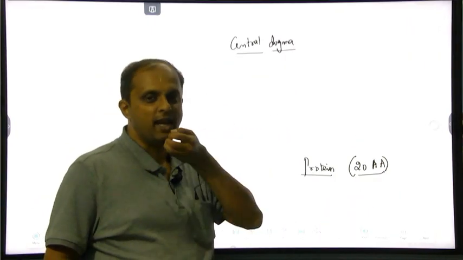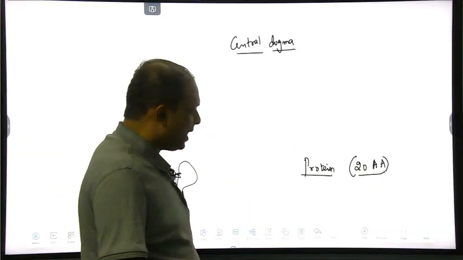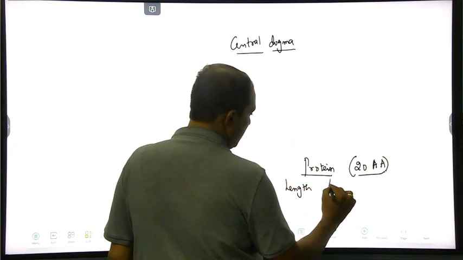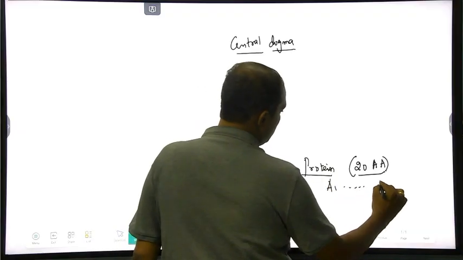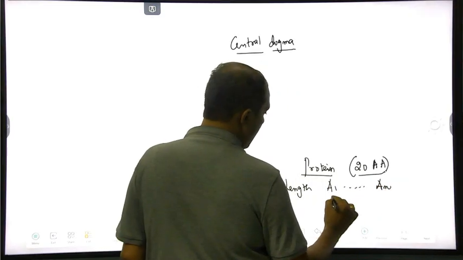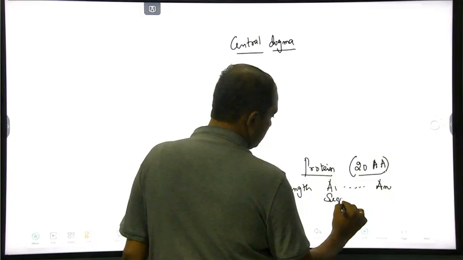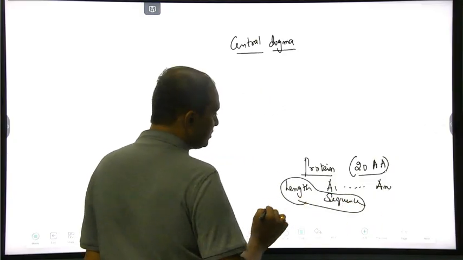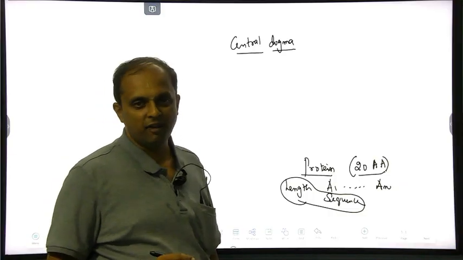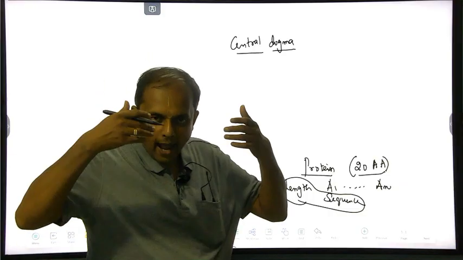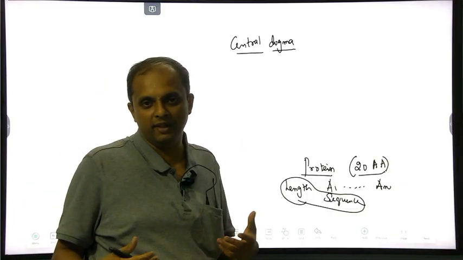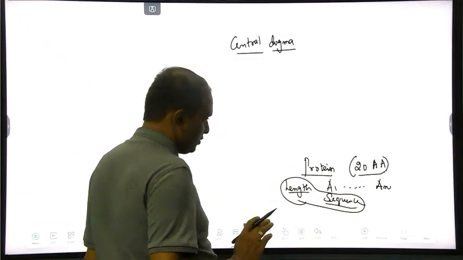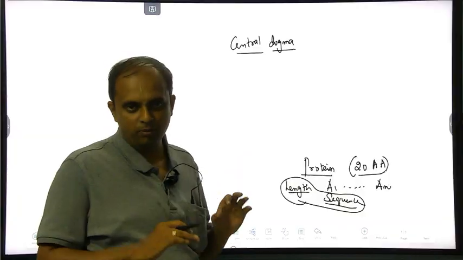We have 20 amino acids in total, and these amino acids are arranged in a particular length, say for example A1 going till AN, and in a particular sequence. So the sequence and length determine the identity or nature of a particular protein, and we have n number of proteins in our living cell, and every protein has a particular length in a particular sequence. So this is something regarding the protein. Hope this is very clear.